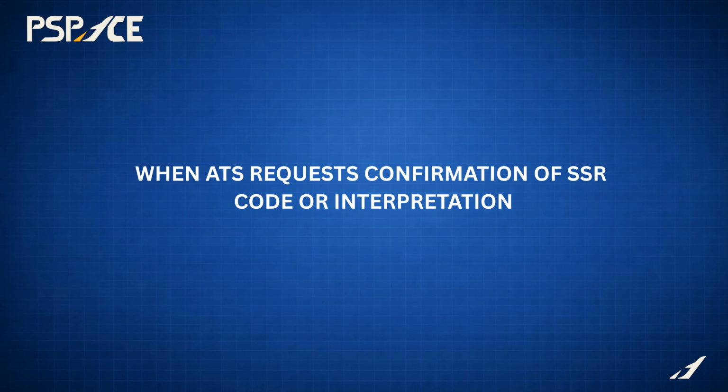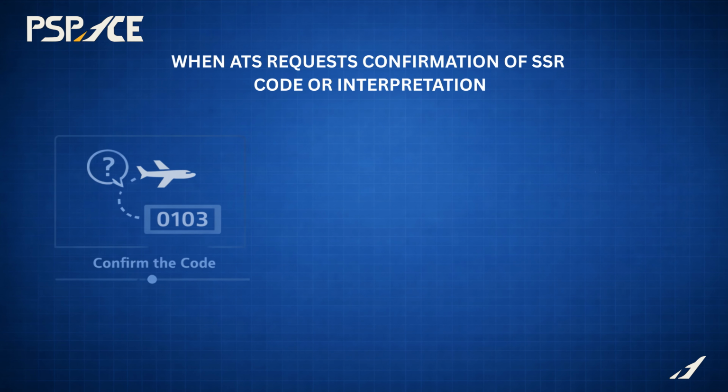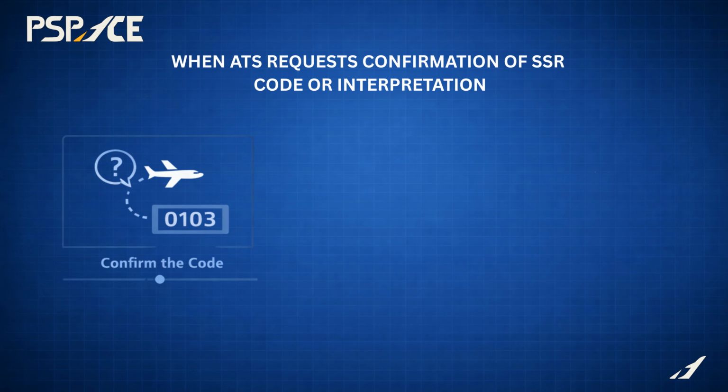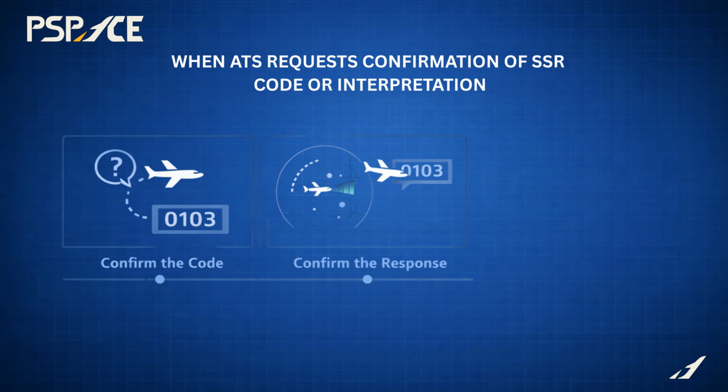A particularly important commander task arises when an ATS unit requests confirmation of the SSR code or seeks confirmation of how the SSR response is being interpreted. The operational point here is that such a request should not be treated as routine background chatter. It is often a cue that the controller is actively checking whether the aircraft's surveillance presentation matches the expected picture.